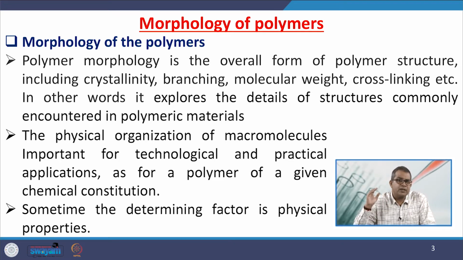Now, it is again important that the chemical constituent plays a vital role in the structure or architecture of the polymer: ethylene, polyethylene, polypropylene, etc. These are some of the best examples.